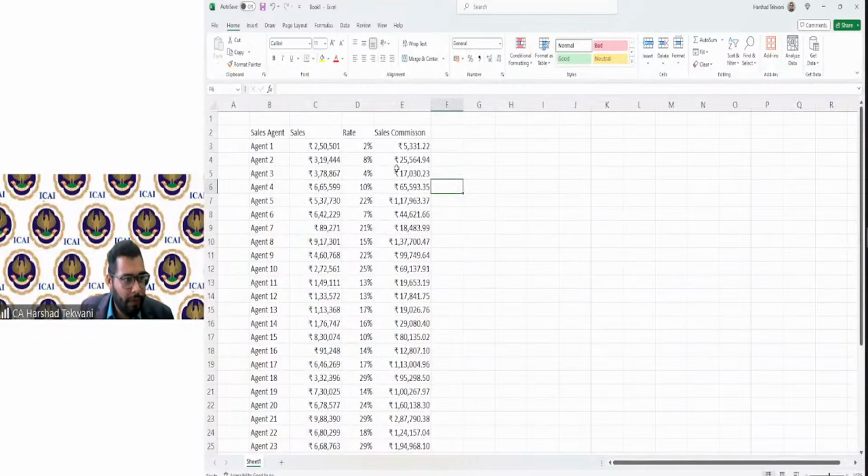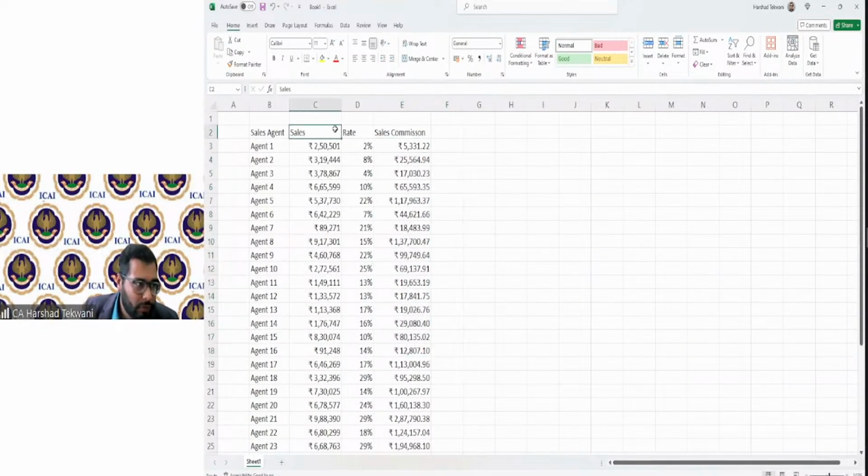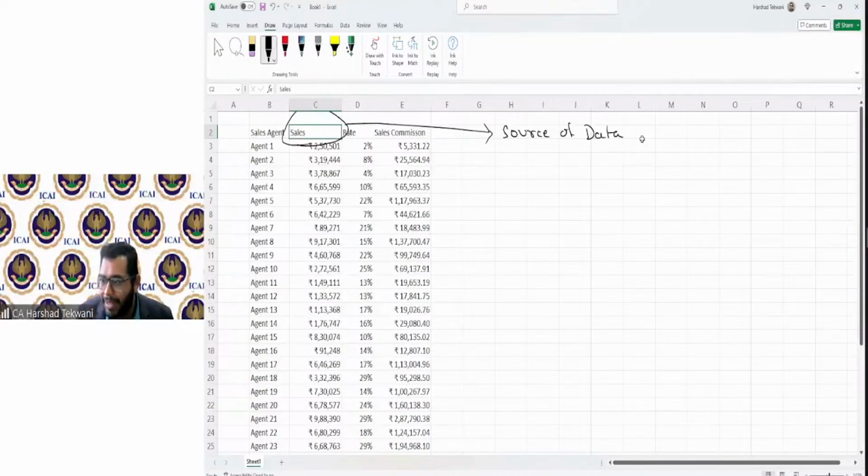Now, the first question you may ask is about the source of the data. What is the source of this particular data? I'm just writing the questions over here, whatever we have received till now. So the first question will be source of data. Second, authenticity of agents.